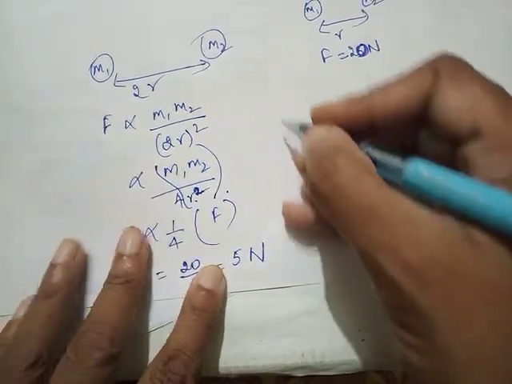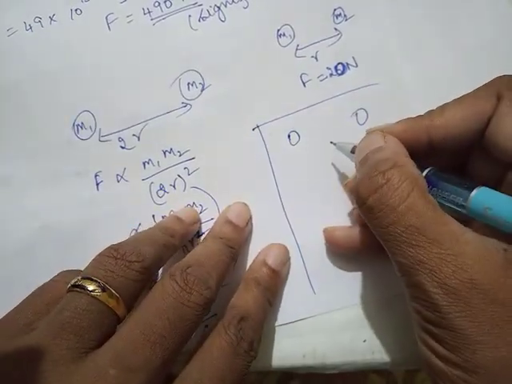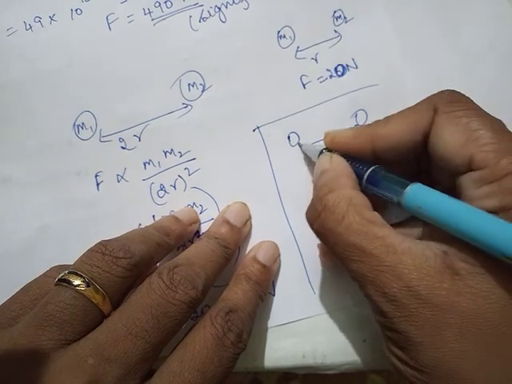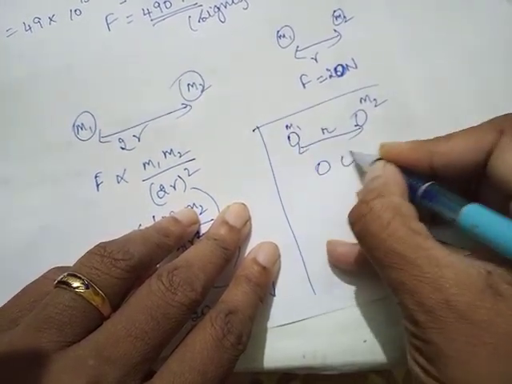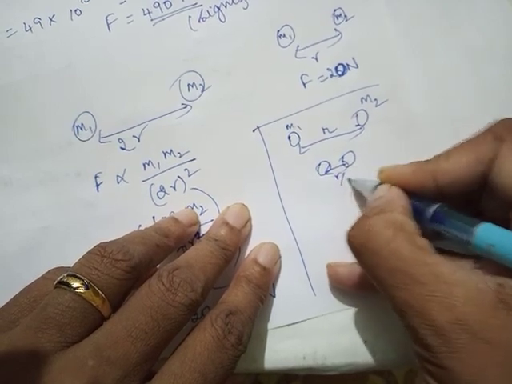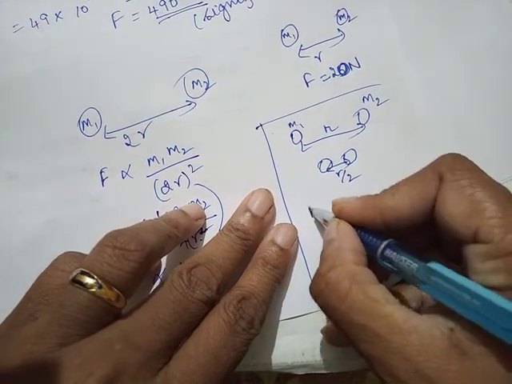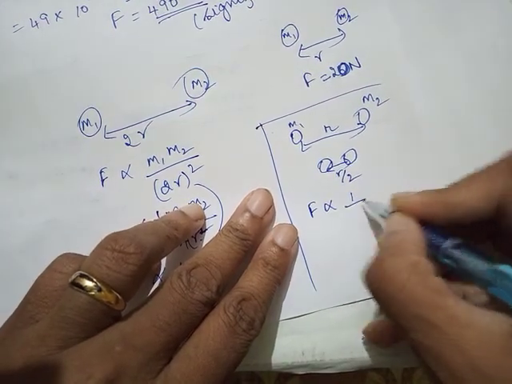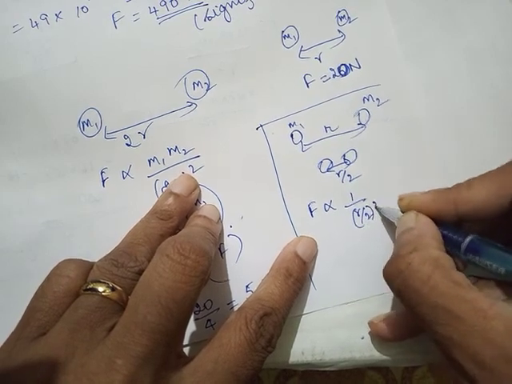The other possibility is if I say the two bodies, initially they were at a distance r, and now I bring them closer and the distance between them is r by 2. Distance between them is reduced by 2. Now what happens to the force? 1 by m1 m2, even if you don't write, it's okay, r by 2 the whole square.